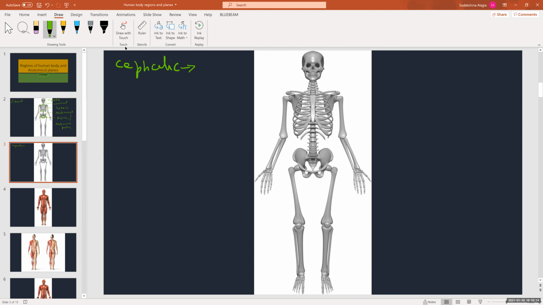The very upper part is cranial, and lower than the eyebrow, basically all of this, I'm using a dotted line because there are many names to this part, is facial. Cranial and facial have a few subregions, depending on which body parts we are referring to.